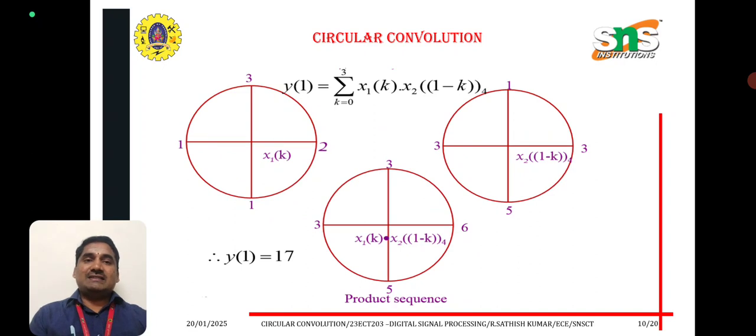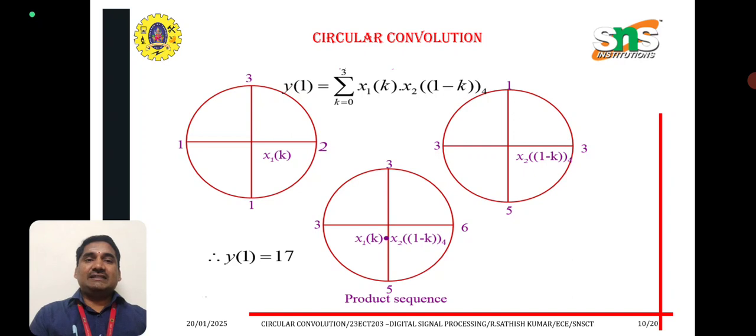Similarly, y of 1 is summation k is equal to 0 to 3 x1 of k into x2 of 1 minus k. There is no change in x1 of k; it stays the same in circular convolution. For x2 of 1 minus k, we shift the sequence by one position in the anti-clockwise direction, giving 3, 1, 3, 5.